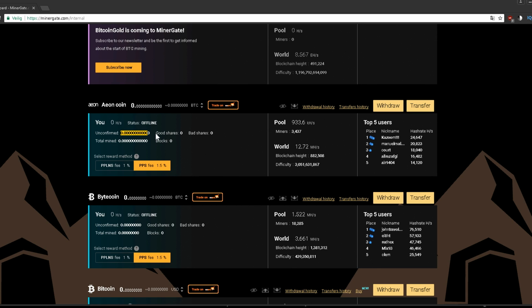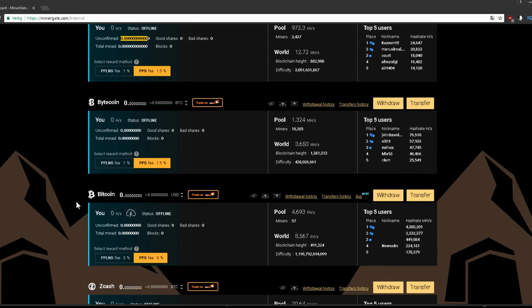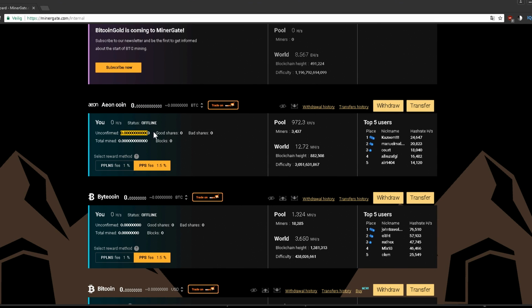And this will be adding up and adding up and adding up till it reaches a certain threshold, which is different for different currencies. And once you have hit that threshold, it will go to total mined balance.